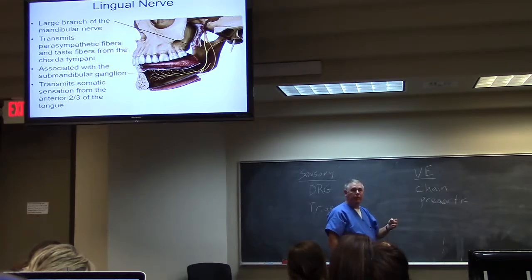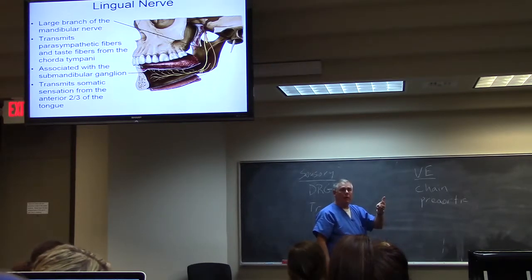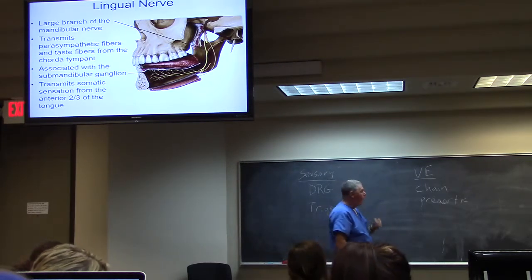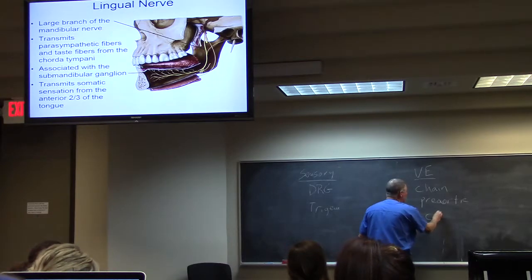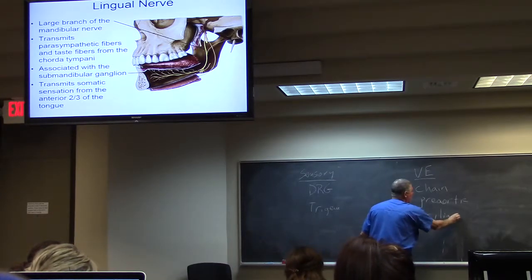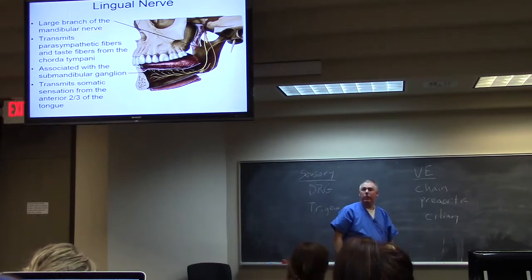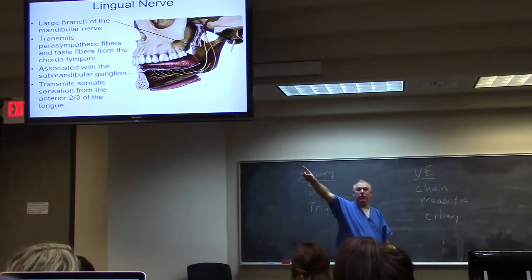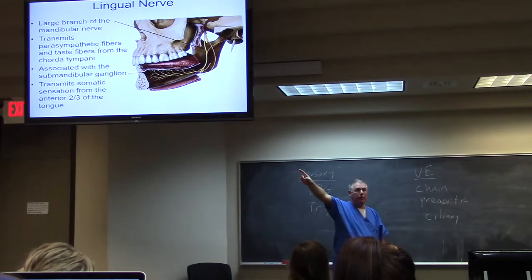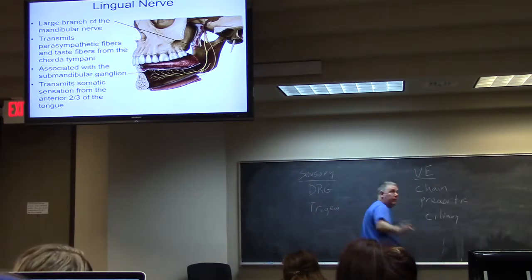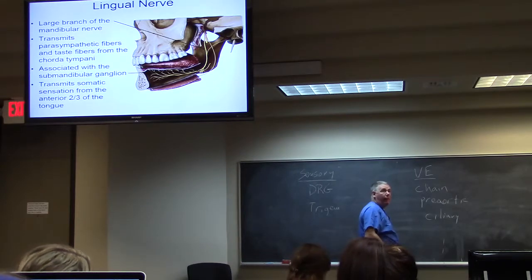So let's look at the other 3. The third nerve, the oculomotor nerve, goes to the eye. What's the ganglion associated with the eye? Ciliary. What's the ganglion associated with 7? Right. So this ganglion right here.